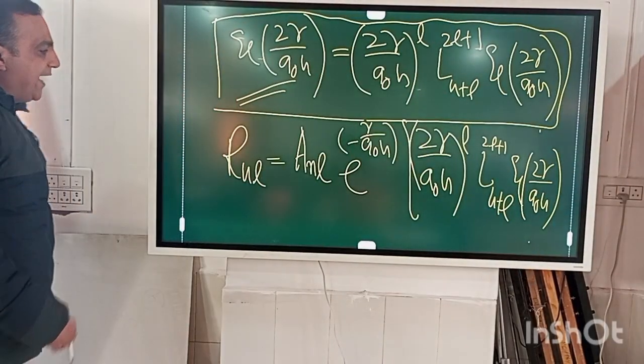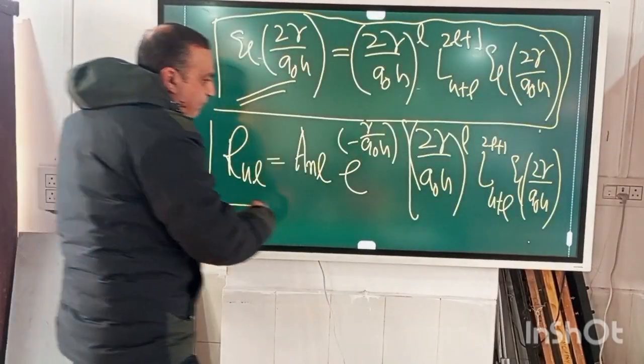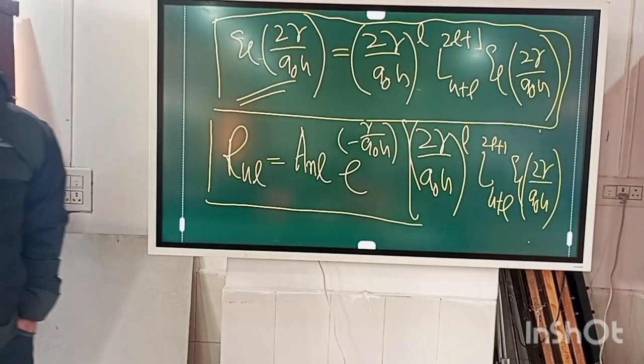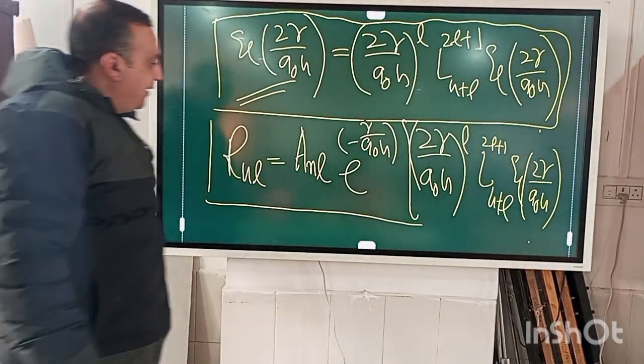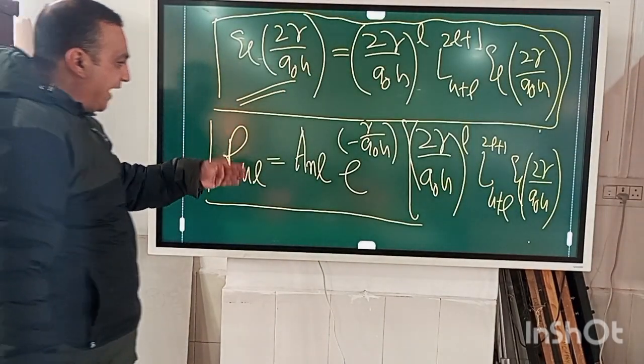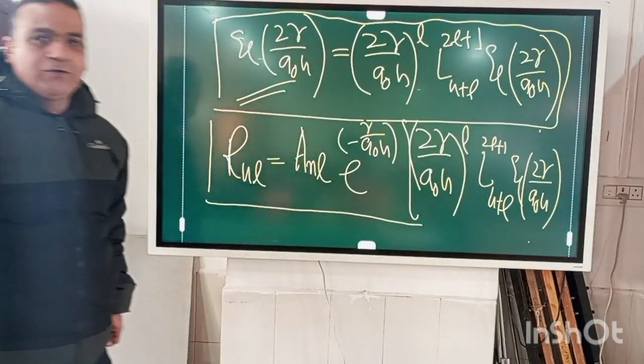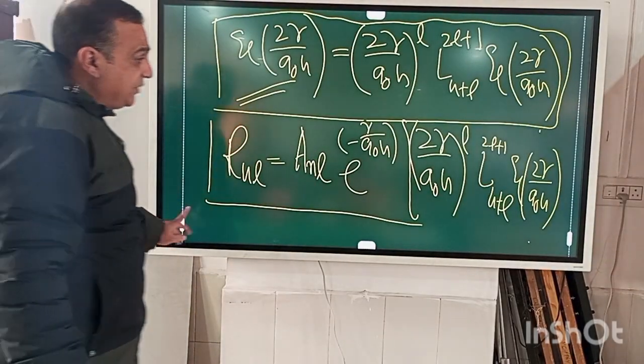So this will be my complete radial wave function for the problem of hydrogen atom. And of course you know that this A n l can be calculated using the property of normalization.